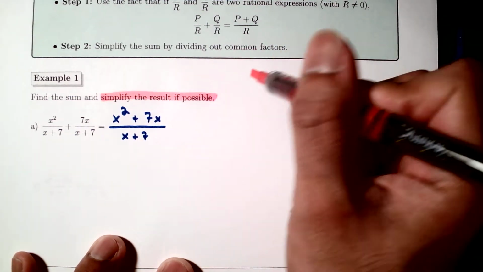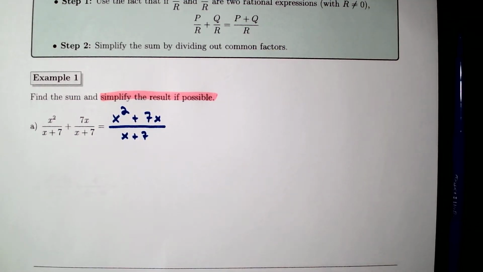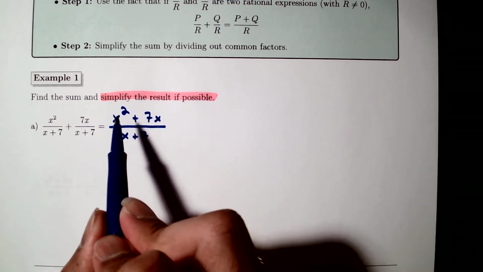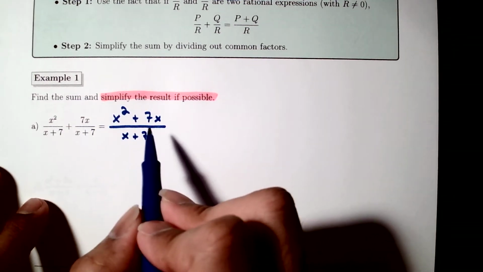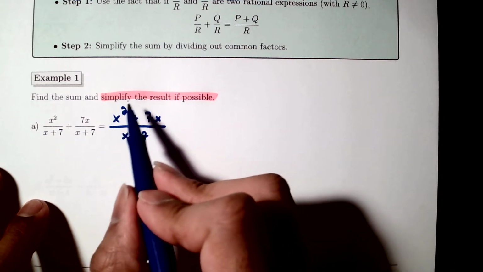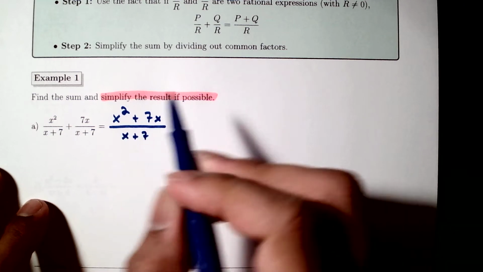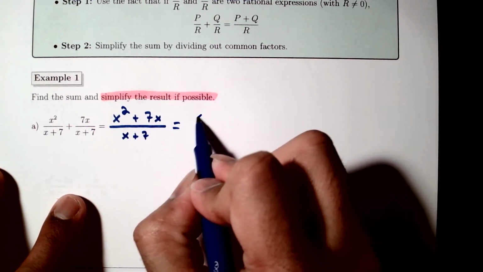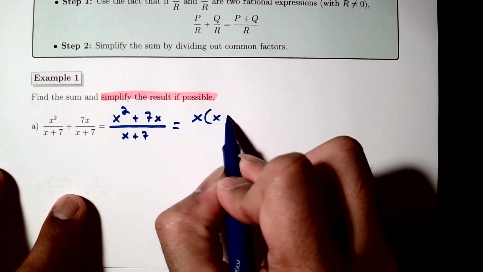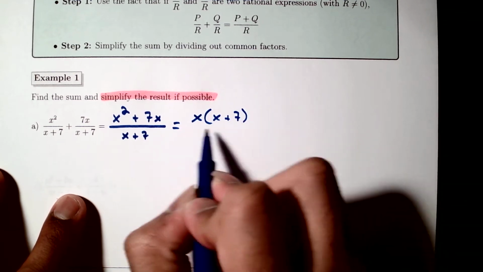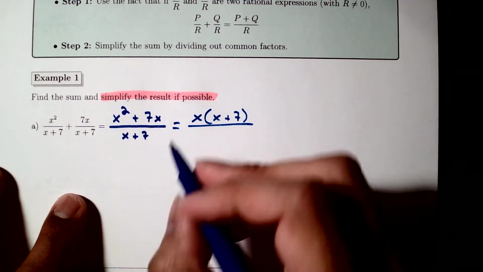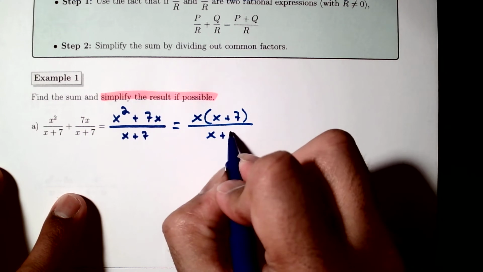Simplify whenever possible. So let's see if we can factor the numerator. In this section, all different factoring techniques will come into play. In this case, we are going to factor out the GCF: x times x plus 7, and then divide by x plus 7.